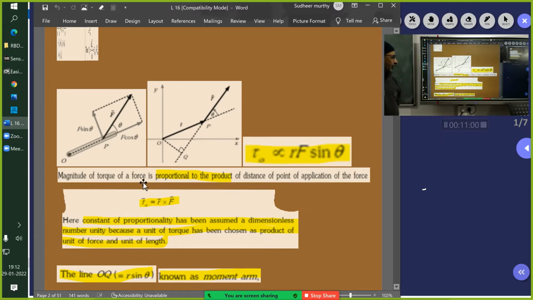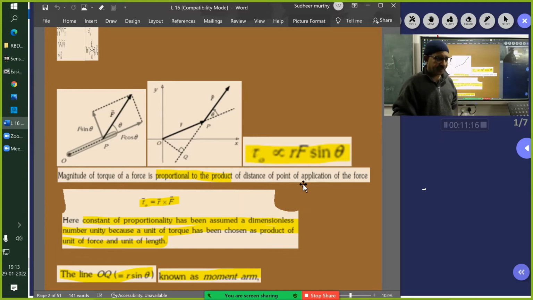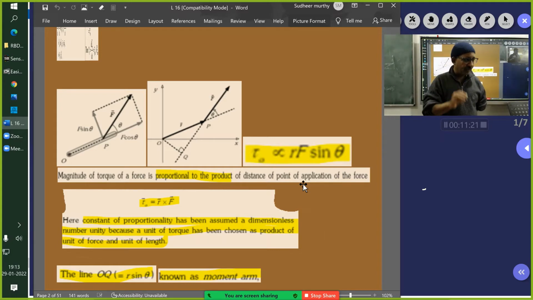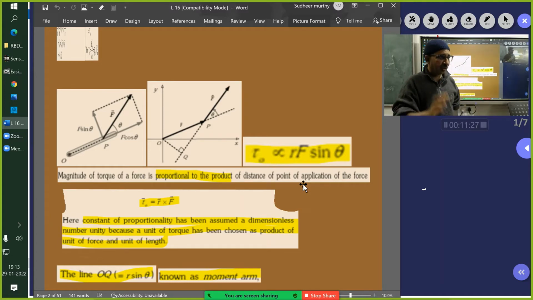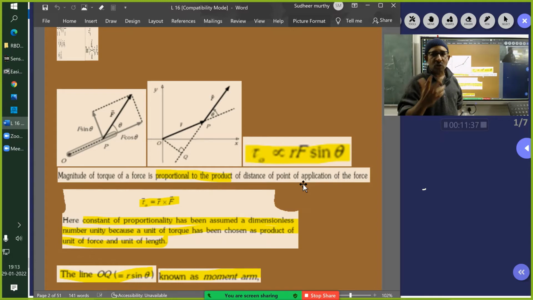So the magnitude of the torque of a force is proportional to the product of the distance and the force component. Please remember that in Newton's law also, we got F bar is equal to K m a bar. Newton's law said the force is proportional to the rate of change of linear momentum, and the constant of proportionality was K. In the SI system, we chose m to be 1 unit, a also 1 unit, the corresponding force is also 1 unit, and therefore K reduced to 1.